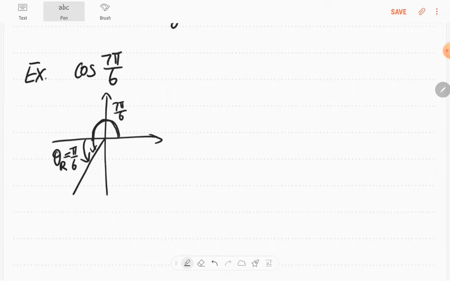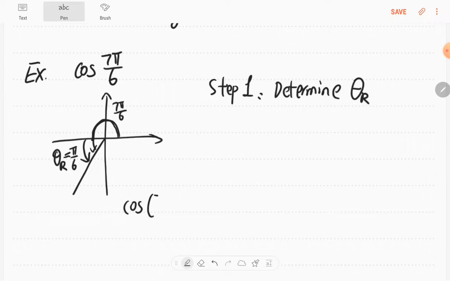Right? So the first step, step 1, determine the reference angle, theta sub r. Right? Determine the reference angle. So we know that cosine of pi over 6, this is a very special angle, is equal to what?